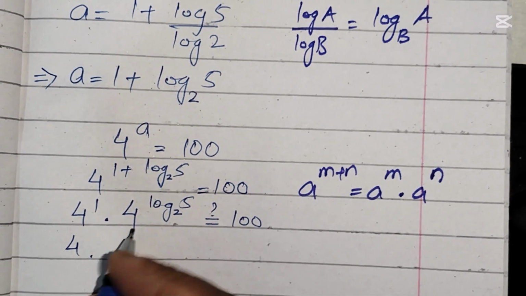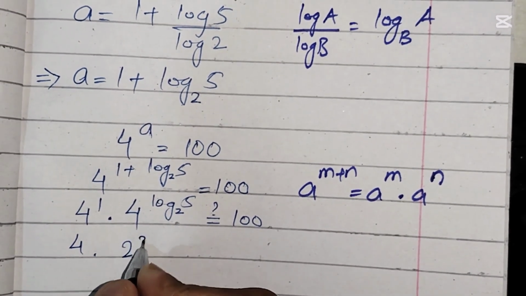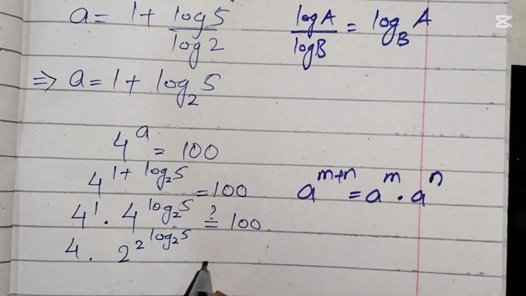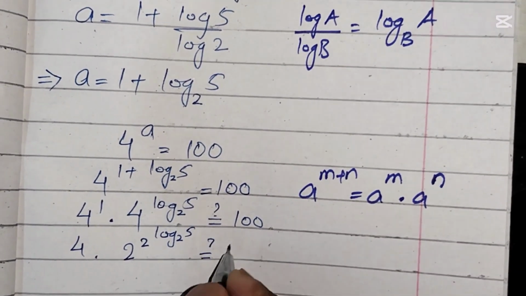We can write this 4 as 2 square, so 4 times 2 square power log of 5 with the base 2 equals 100.